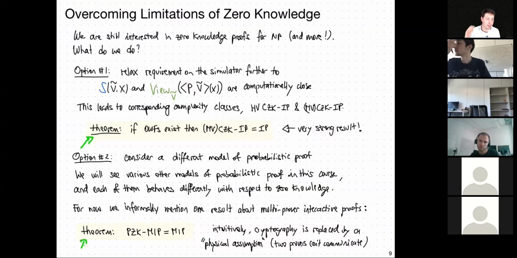This is called a common reference string, CRS. In that world, what is deployed is perfect zero knowledge, but not statistically sound. It is computationally sound.